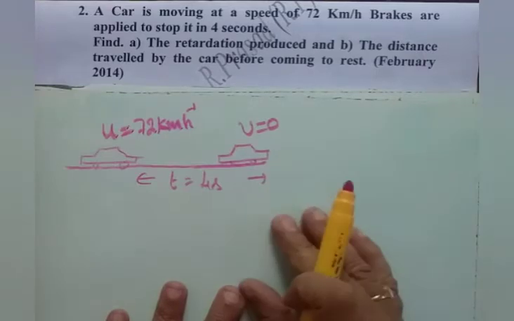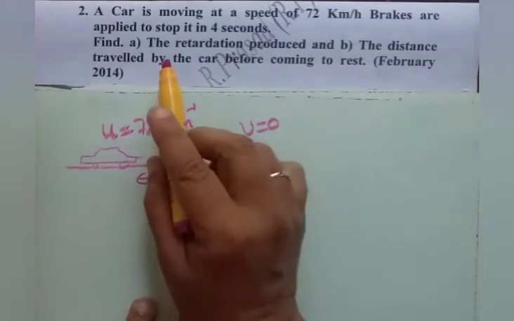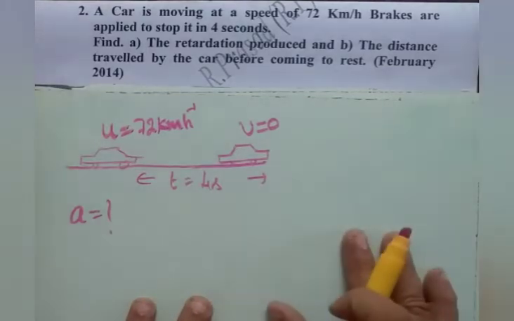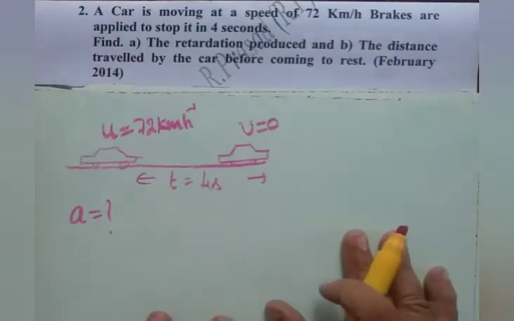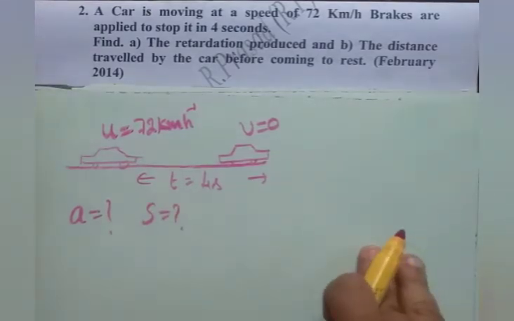Once you know this, now we write down what we are asked to calculate. A, the retardation produced, that means retardation is A, question mark. B, the distance traveled by the car before coming to rest, that means S, question mark. These two are the things to be calculated.